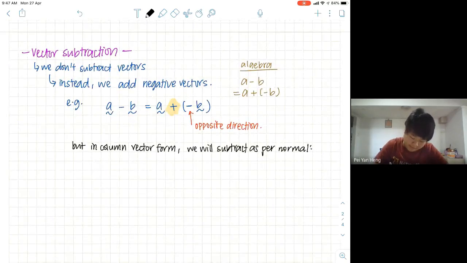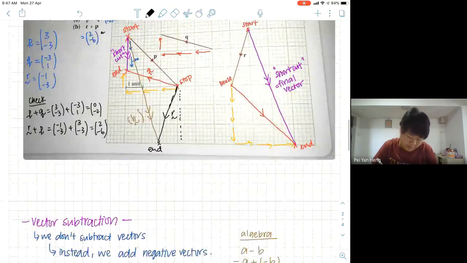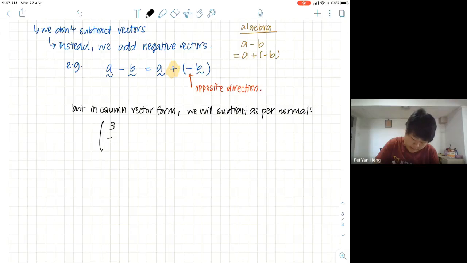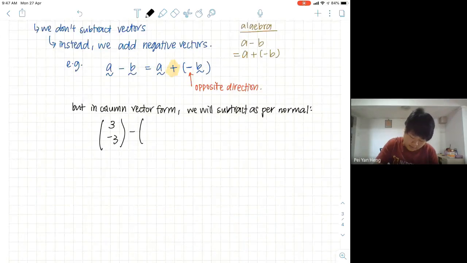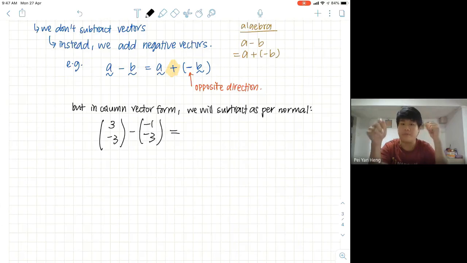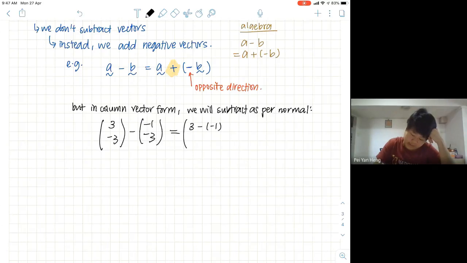Meaning, if I have vectors, let's use the numbers above: 3 minus 3, and I minus this vector, -1, -3. We can just perform it, like your matrices. When you subtract matrices, you just subtract the numbers accordingly. So this is the same as 3 minus -1 and -3 minus -3, which will give me 4 and 0.